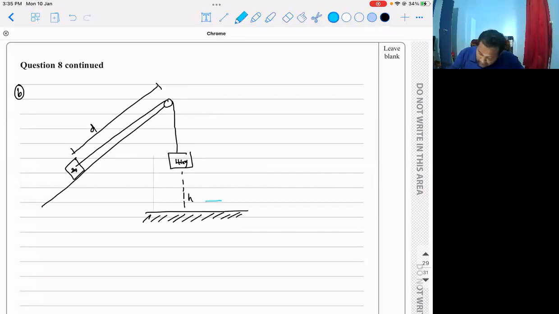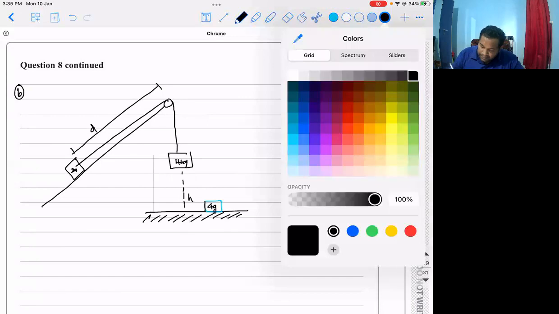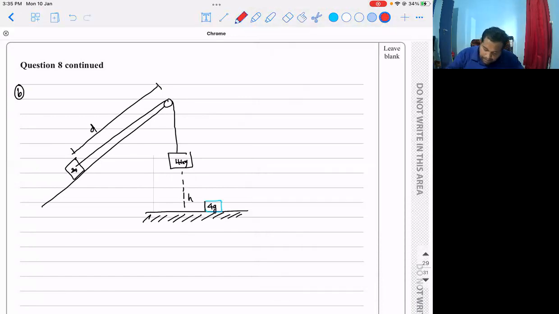If this 4 kilogram reaches here, I use a different color to represent the same. This 2 kilogram will move h distance. Am I correct?